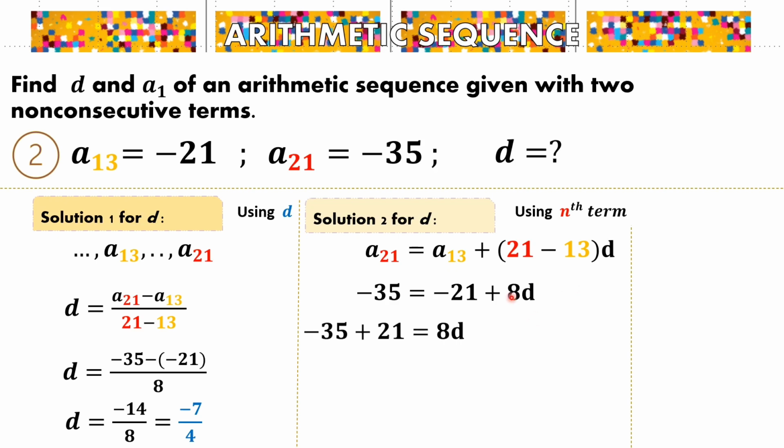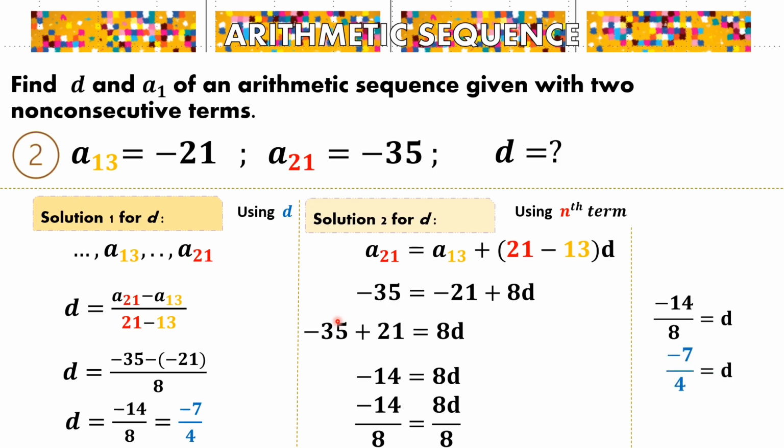By applying the addition property of equality, we have negative 35 plus 21 equals 8d. Negative 35 plus 21 is negative 14 is equal to 8d. Divide both sides by 8. We've got negative 14 over 8 equals d. Lowest term is negative 7 over 4.